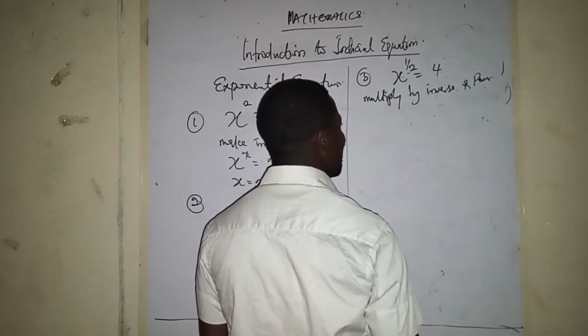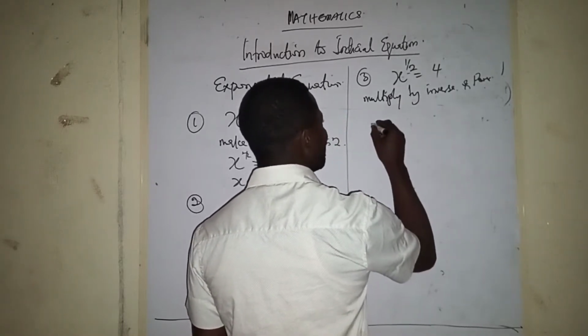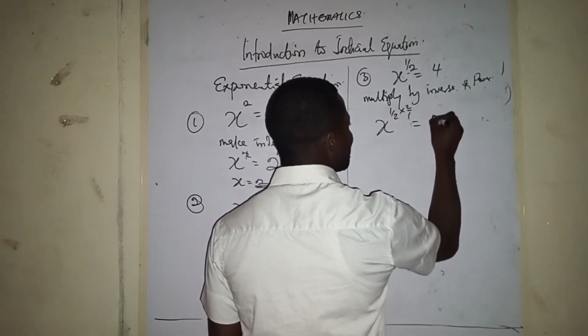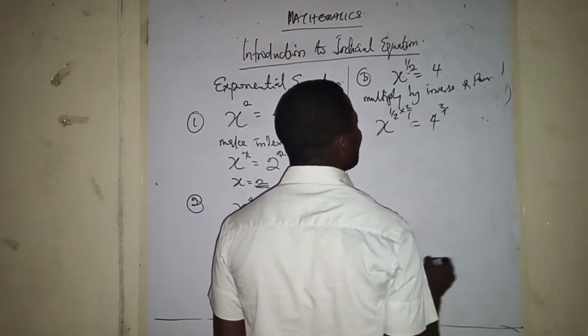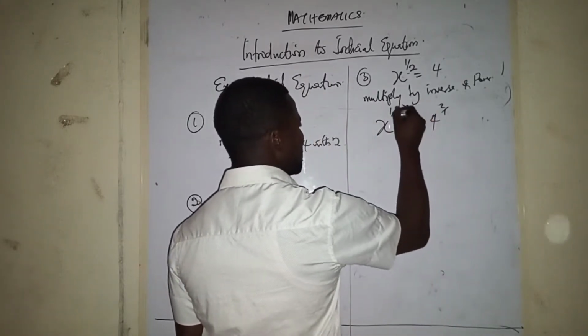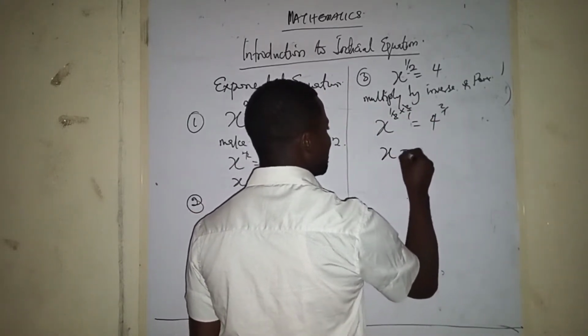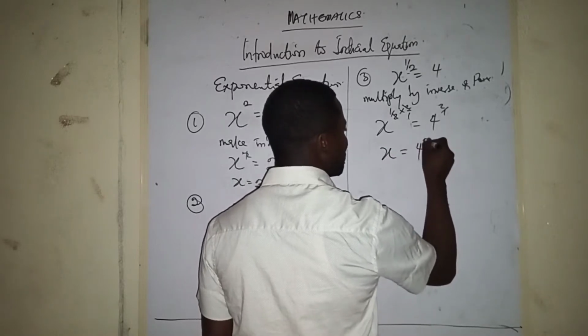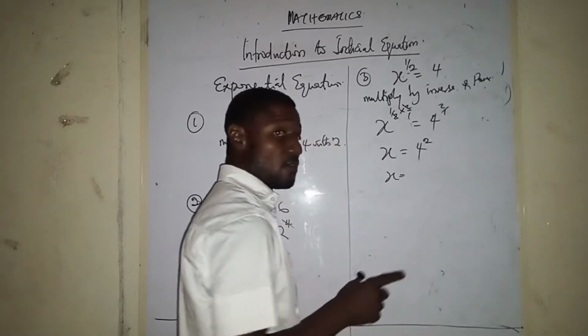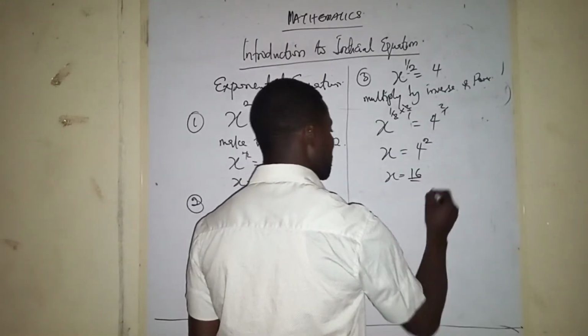The inverse will be 2 over 1. So it becomes x, you multiply 2 over 1. 1 over 2 times 2 over 1 is equal to 4 raised to 2 over 1. You multiply both sides. So this 2 will cancel this 2. So you have x equal to 4 raised to power 2. 4 raised to power 2 is 4 times 4, which will give us 16.